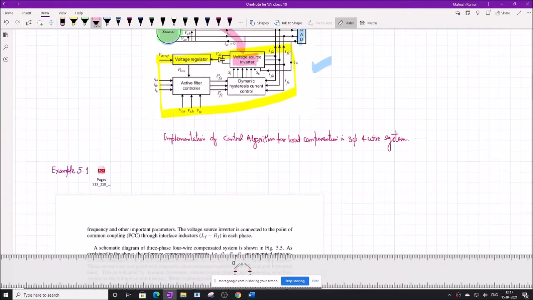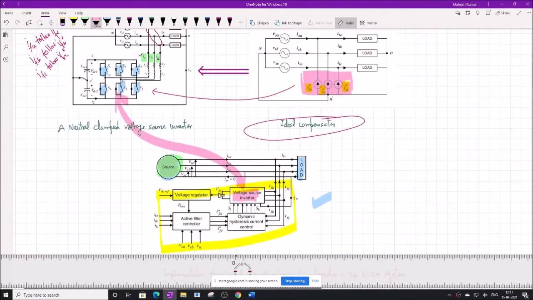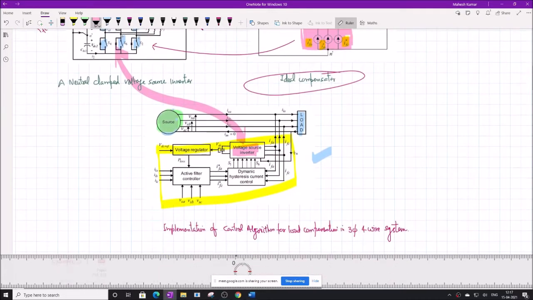Now, once we have all these concepts, the control works like this. We sense the quantities VSA, VSB, VSC by voltage sensors, and ILA, ILB, ILC by current sensors, and then the information is passed to the active power filter algorithm. In the algorithm, it computes IFA star, IFB star, IFC star.